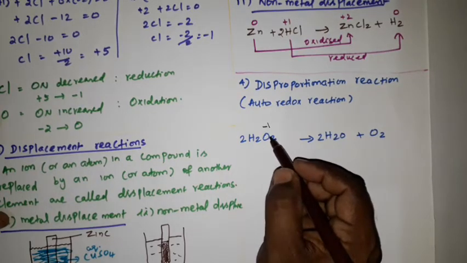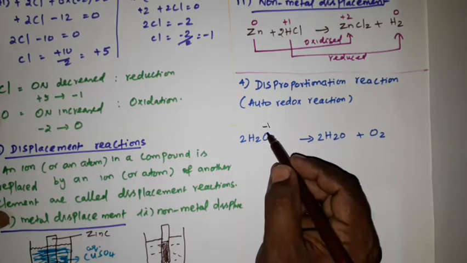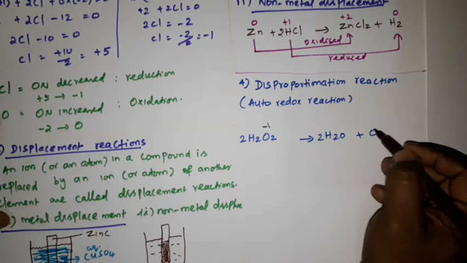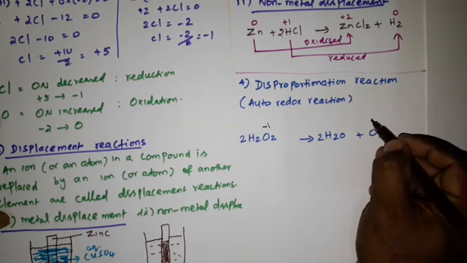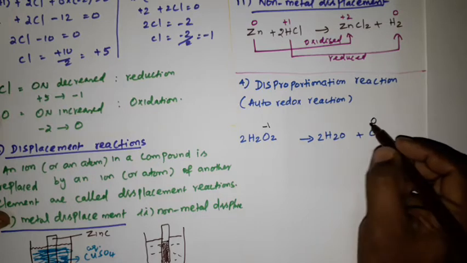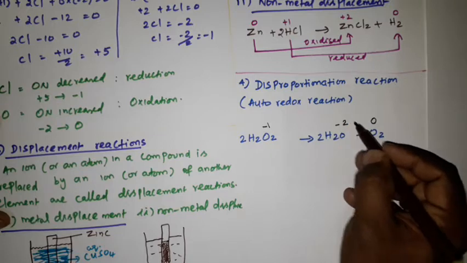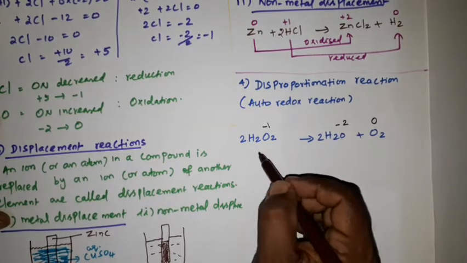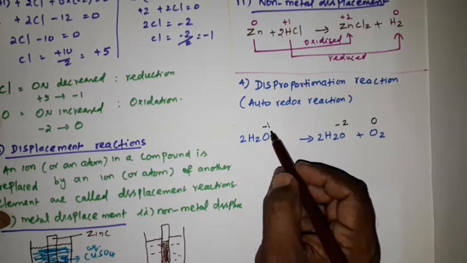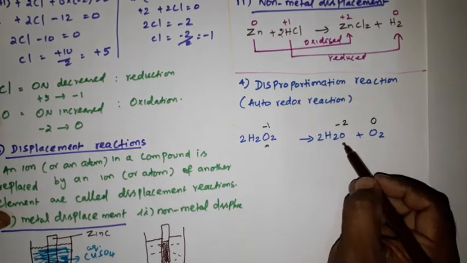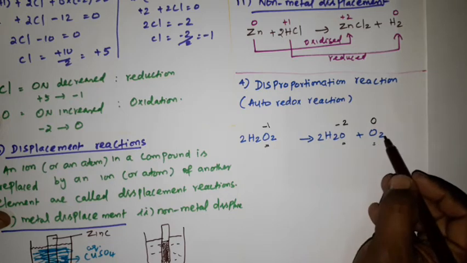In a separate molecule, the oxidation number must be 0, and in water the oxidation number is -2. So in hydrogen peroxide, oxygen's oxidation number is -1, in water -2, in oxygen 0.